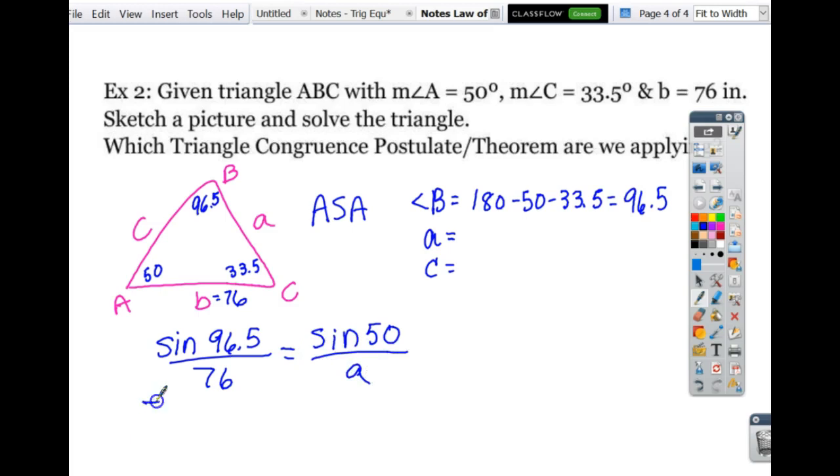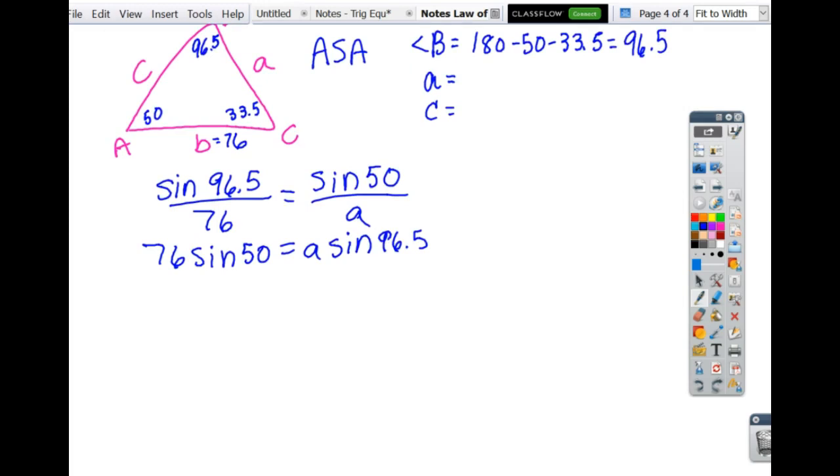Cross multiply. So what does A equal? Because I didn't multiply this out. I got 58.5, 9.6.